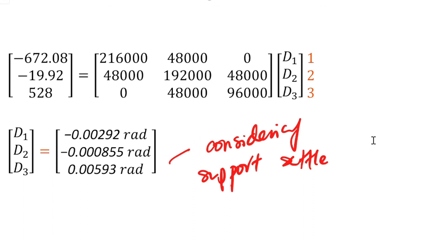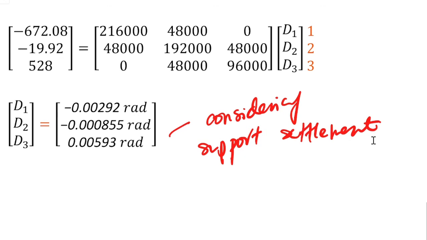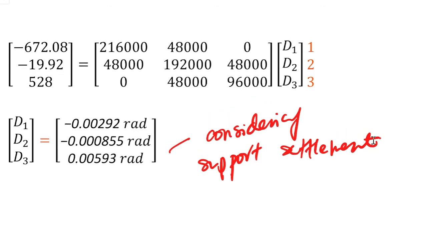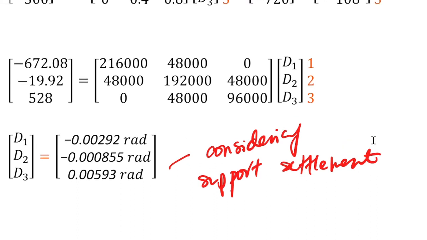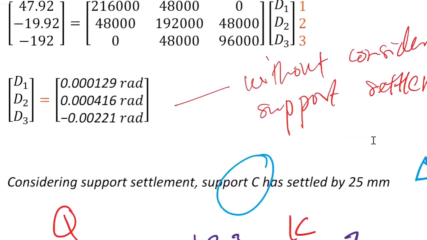Of course, we can make a comparison between considering support settlement and without considering it. These are the answers for the non-zero degrees of freedom considering support settlement, D1, D2 and D3. If we compare with the previous one without settlement, we found that the value is different. It means that the support settlement contributes to different values of displacement as well as reaction at the support.